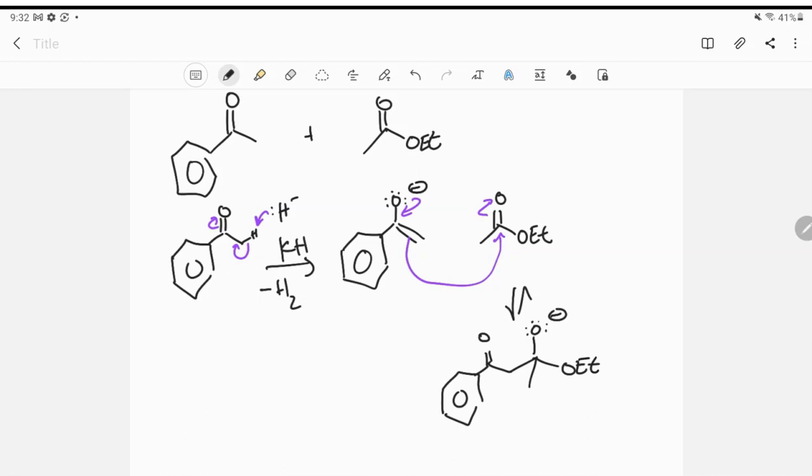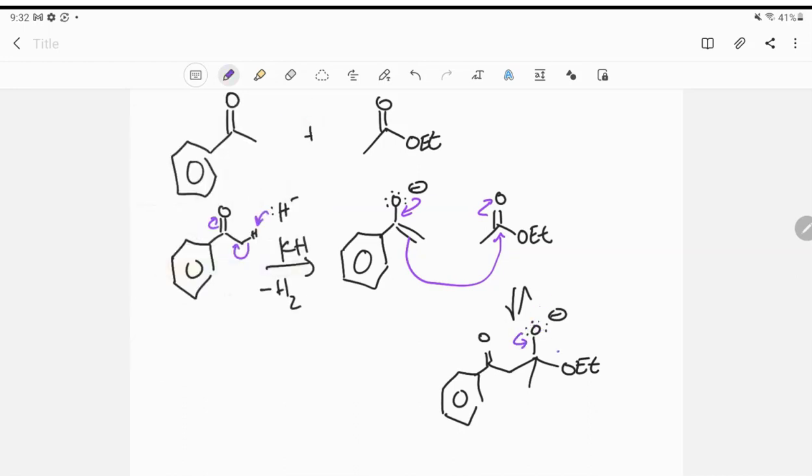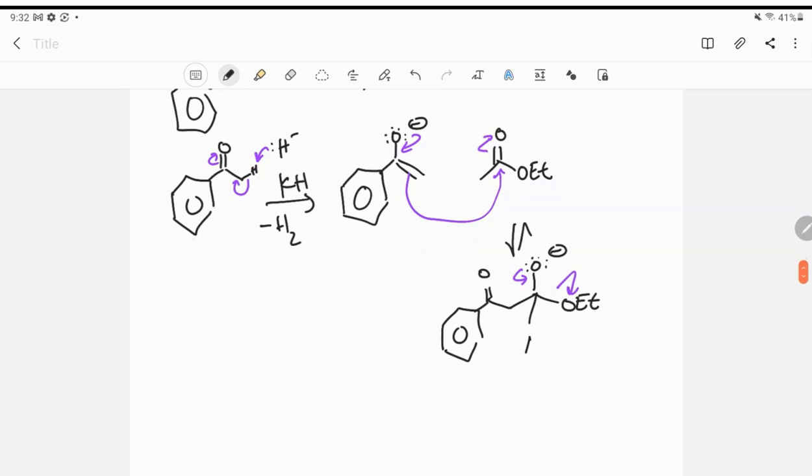We have our ethoxide group, and that is ready to leave. Kick it out, and we will end up with our, I guess I'll draw it to the left so we can see it all more clearly. But we have now just combined these two.